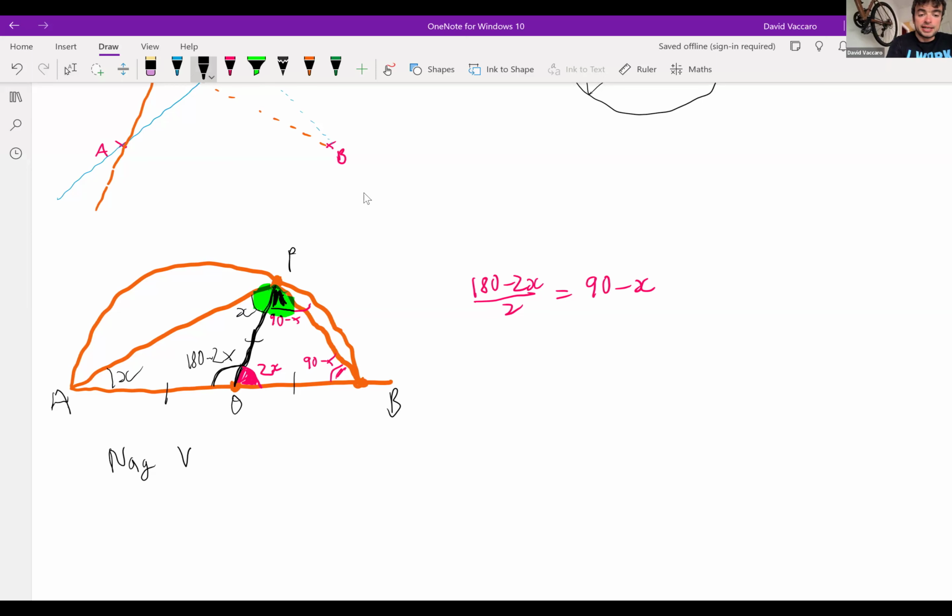So Nag V has said that if P lies on a semicircle with diameter AB, then angle APB is equal to 90 degrees.